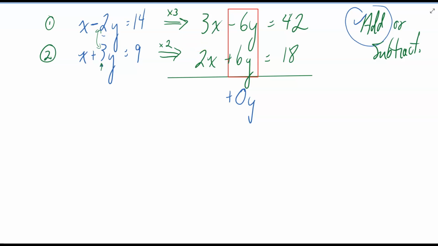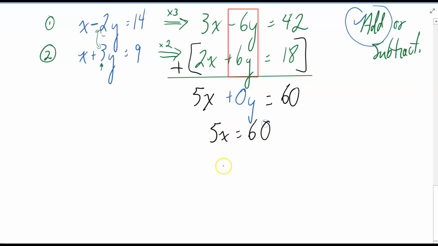You can also use the big brackets and put your addition outside there. So 3x plus 2x is 5x. And 42 plus 18 equals 60. And now we just have the equation that 5x equals 60.